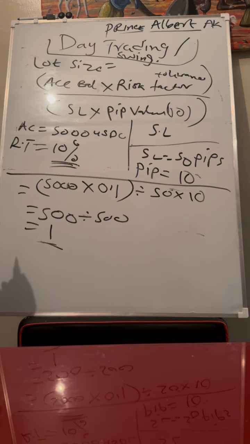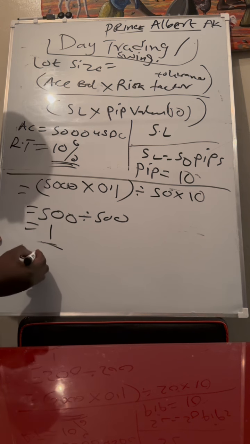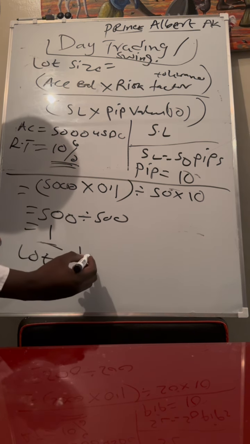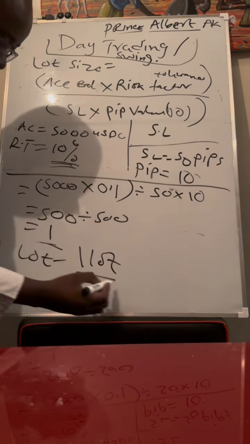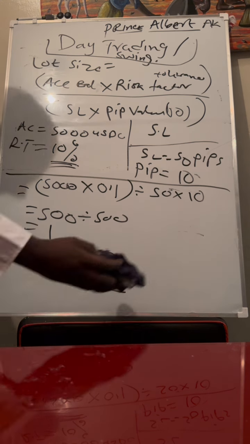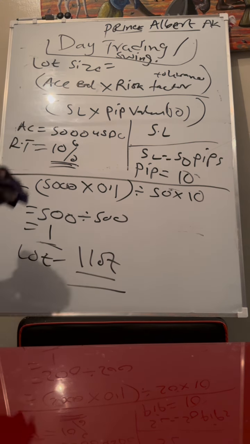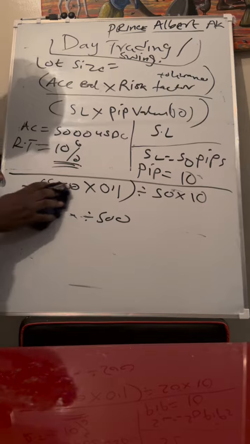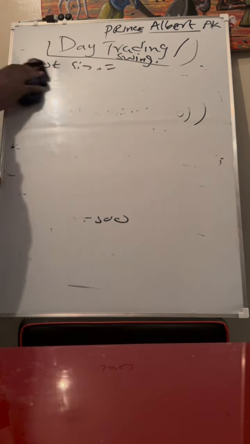So our lot size in this account should be 1 lot. Our maximum lot size we are going to open in this account is 1 lot. Now you know our account size, we're going to risk 1 lot. Now let's come here to our account and do it.